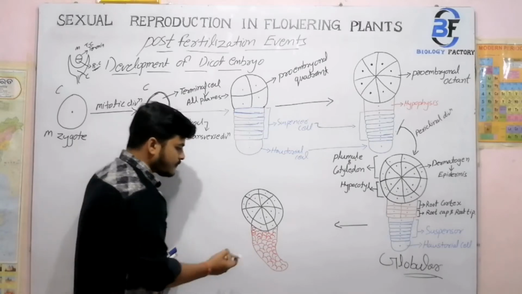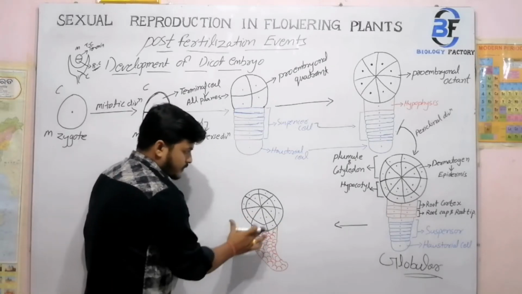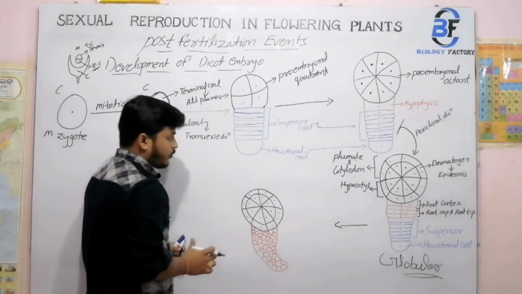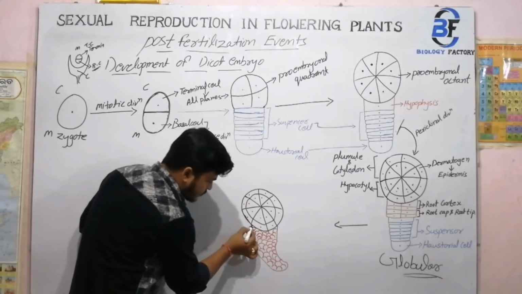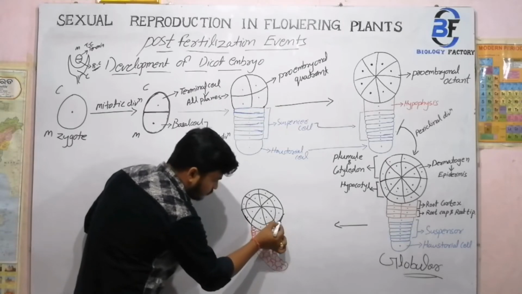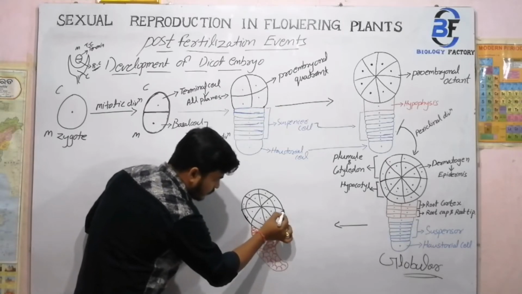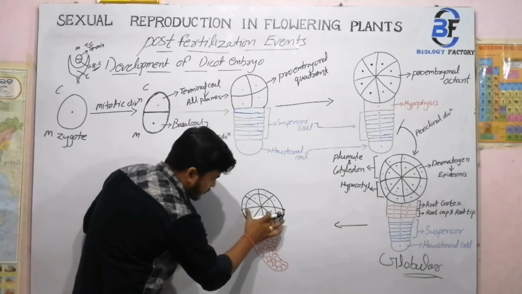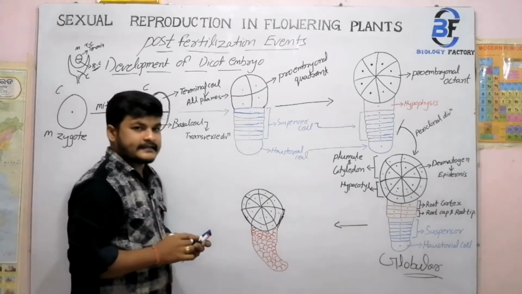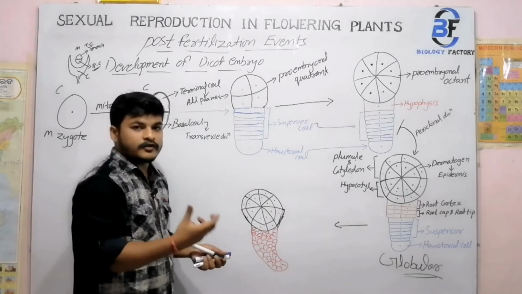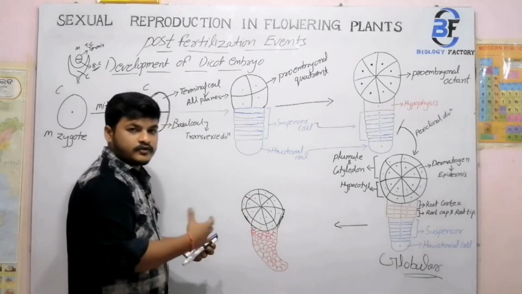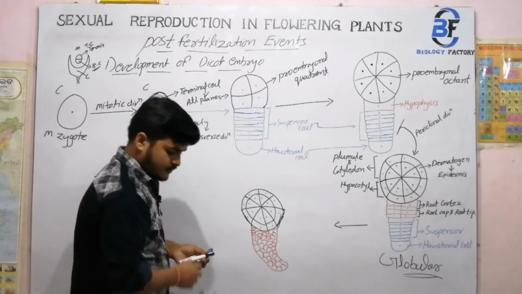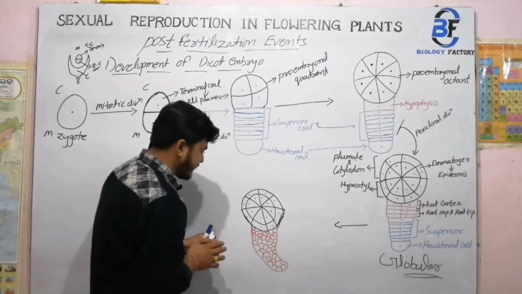Next, the lower part of the proembryo, that means the lower half structure, these structures. The lower half structure is again going to divide and take a bulging structure, which forms your cotyledon. So we just erase these cells.